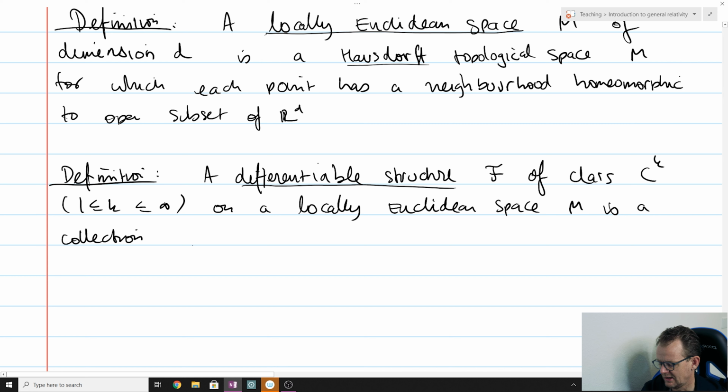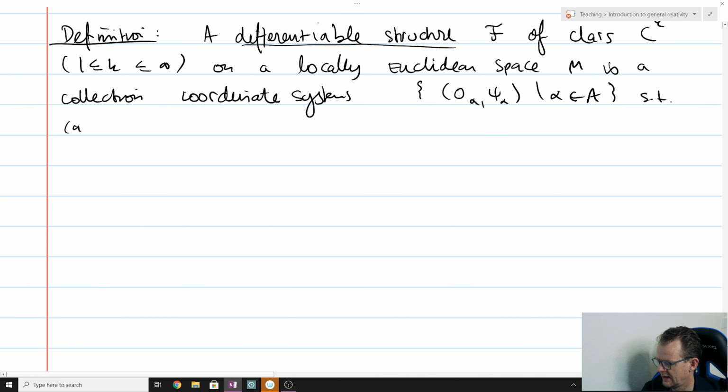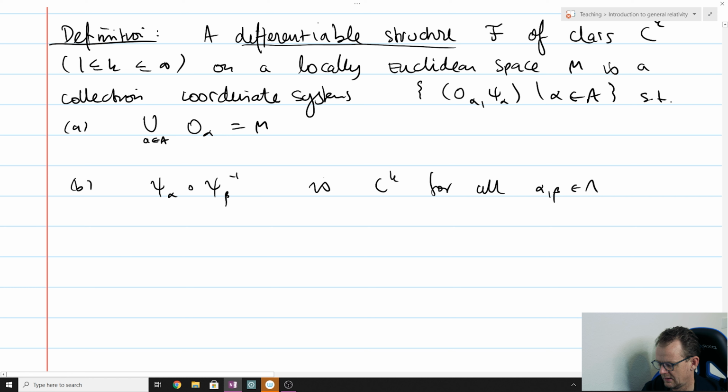It is a collection of coordinate systems or charts (O_alpha, psi_alpha), such that alpha is in some indexing set A, such that: A, these sets cover M, when you union over all these O_alpha they cover M. B, these transition functions are CK, for all alpha, beta in these indexing sets.